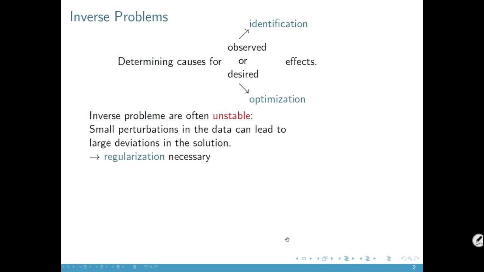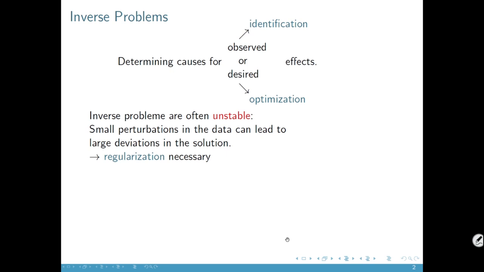So this means that if we have observations, these effects that we observe, and we do measurements, then usually there's a measurement error, and as a consequence of this instability, it could be that with naive approaches one gets complete garbage when trying to reconstruct from noisy data. So that's why the field of regularization methods, regularization theory, is quite important to the field of inverse problems.